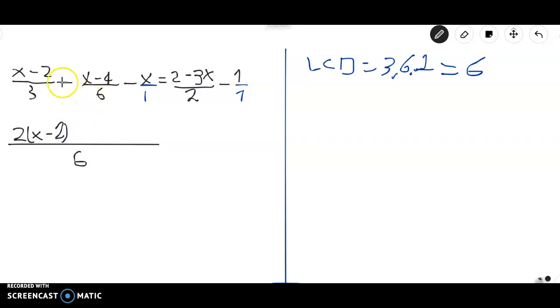Now the negative sign here, minus, and then we have 6 divided by 6, that makes 1, times x minus 4. So it will be 1 times x minus 4.